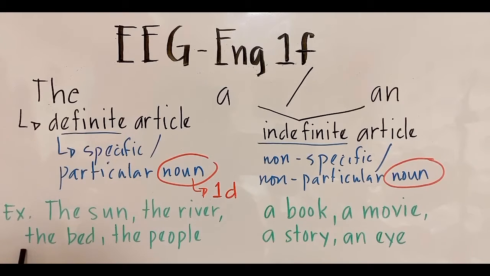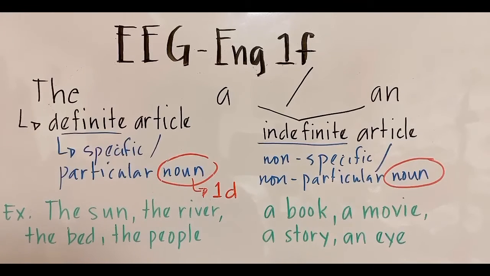Next, the bed. The modifies bed, which is a noun. Very specific, the bed. Next, the people. The modifies people, which is a noun. So the sun, river, bed, people are particular or specific nouns.